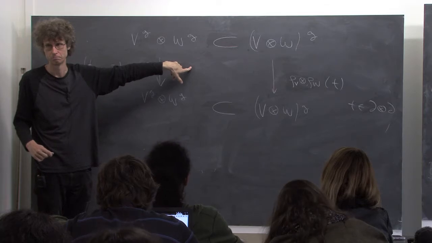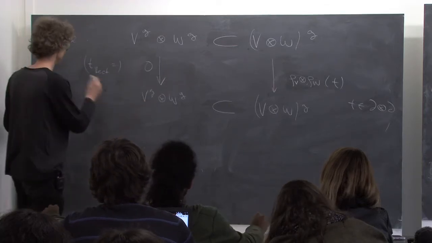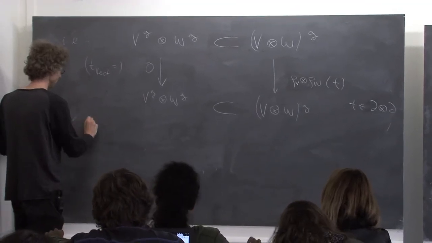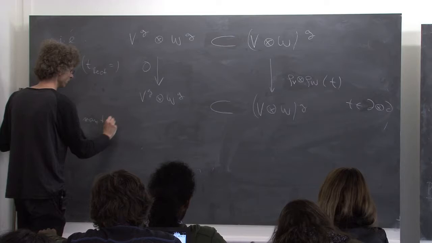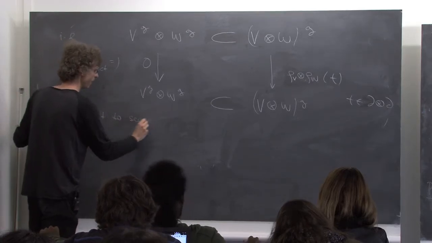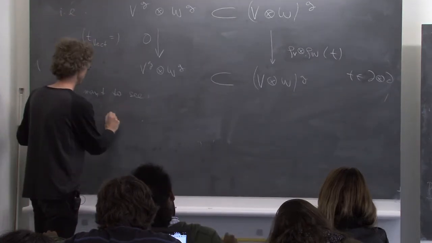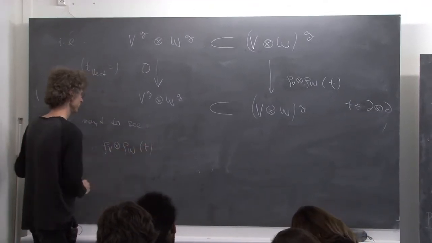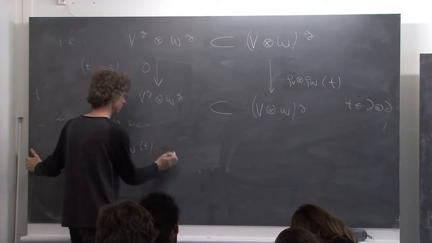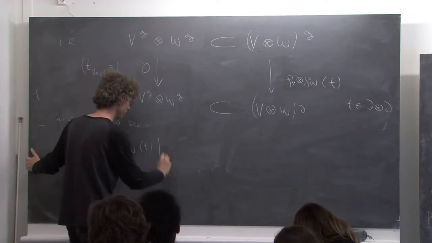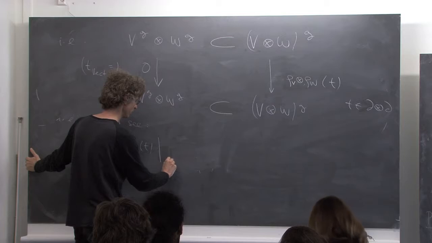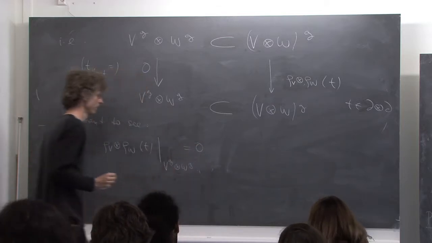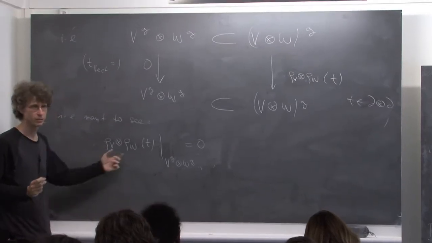We want to see that ρ_V tensor ρ_W of T, now restricted to V^G tensor W^G, is equal to 0. But why is that true?